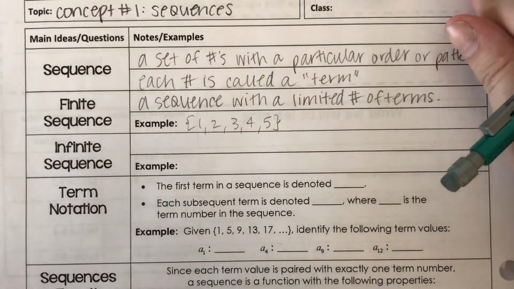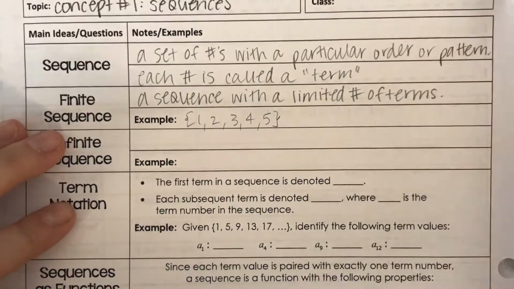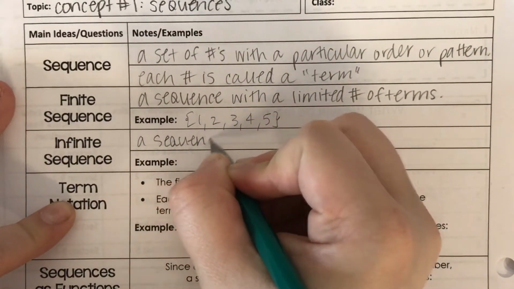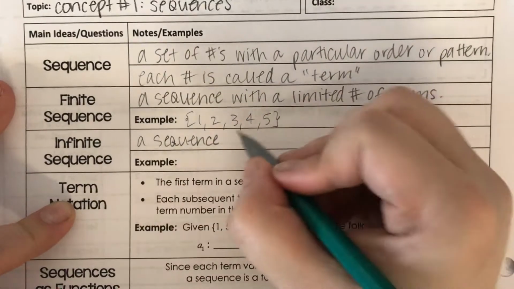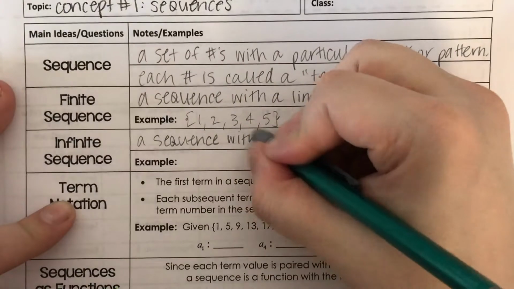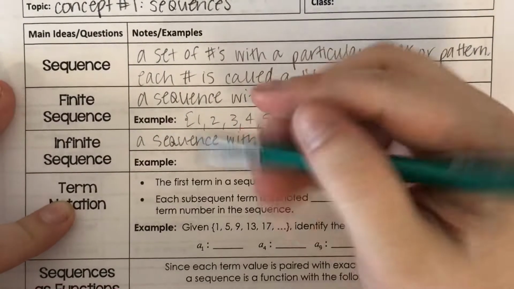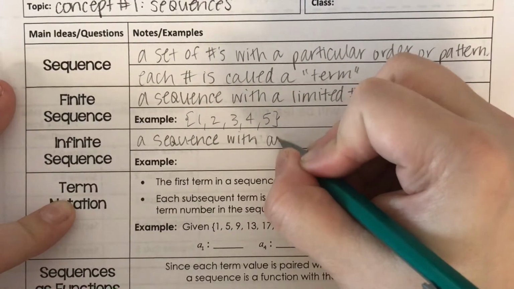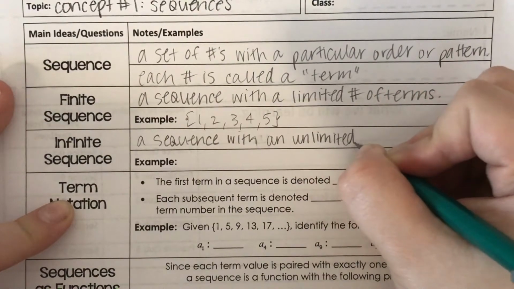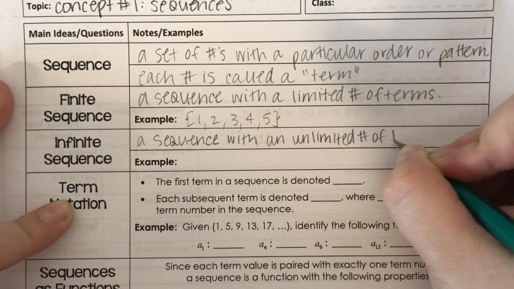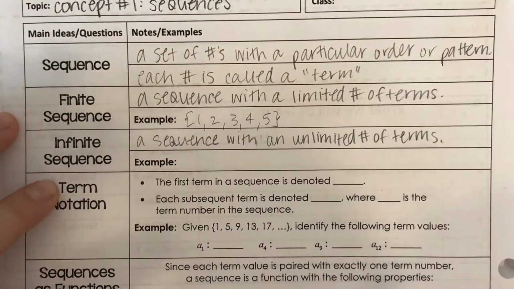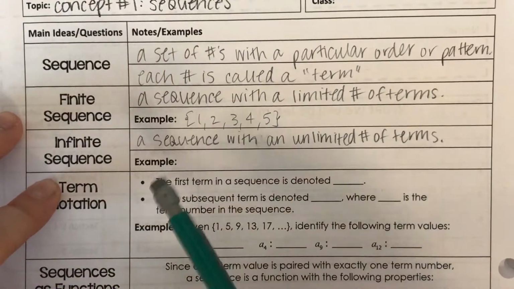An infinite sequence is a sequence with an unlimited number of terms. So these kinds of sequences go on and on forever until infinity. Okay, that's what an infinite sequence is.